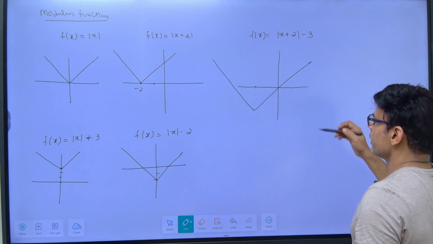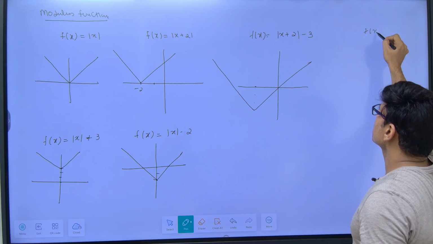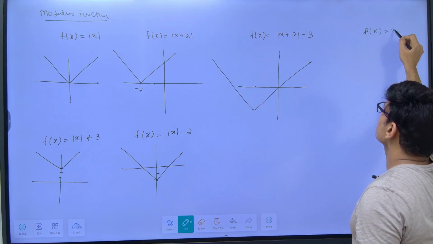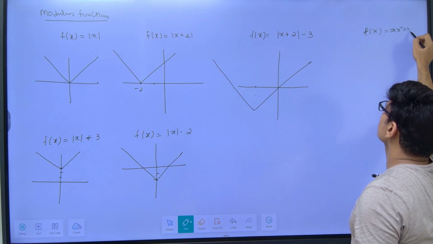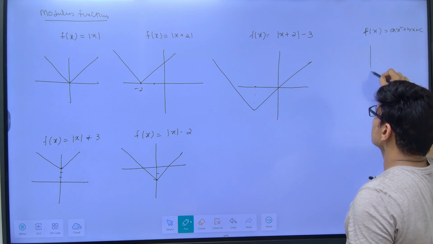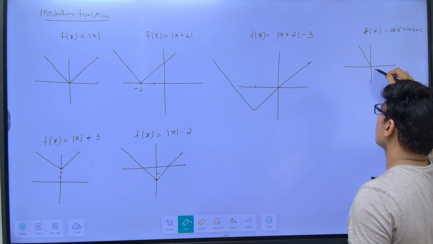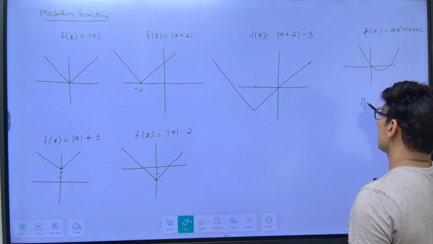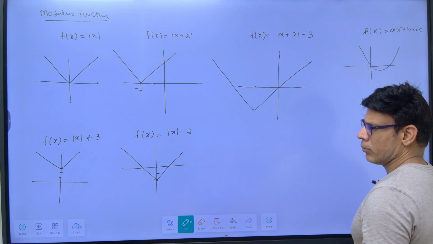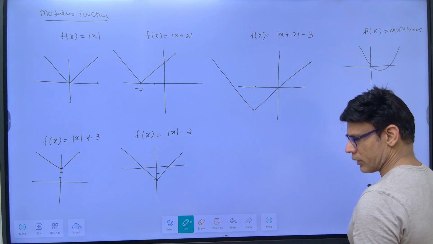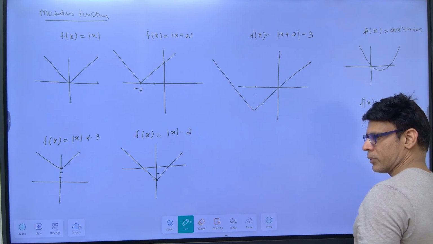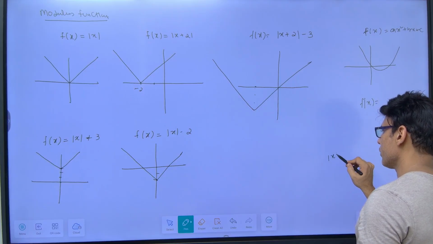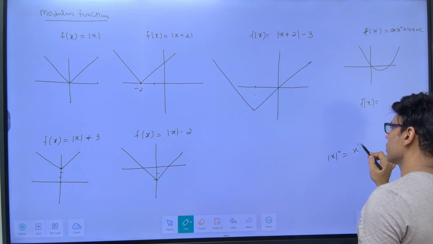Quadratic, we have just now done quadratic. f of x is equal to, let's say you have ax square plus bx plus c. So it is going to be an upward parabola. And modulus of a square is modulus only. That modulus will go. Suppose I have modulus of x square, so this is simply x square.